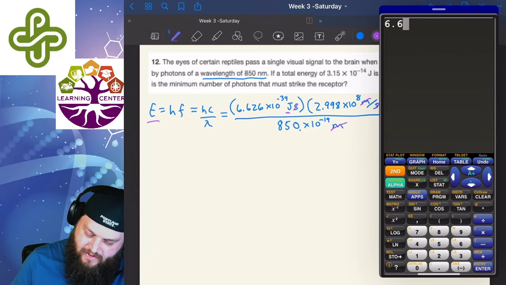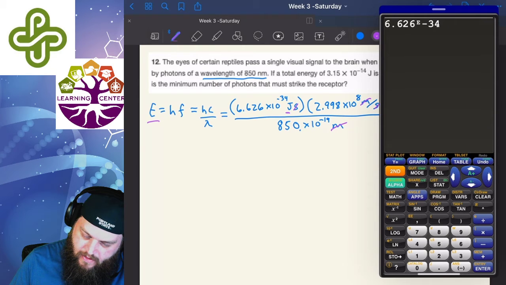So that's 6.626 times 10 to the negative 34. I'm going to multiply by 2.998 times 10 to the 8, and then divide by 850 e to the negative 19.